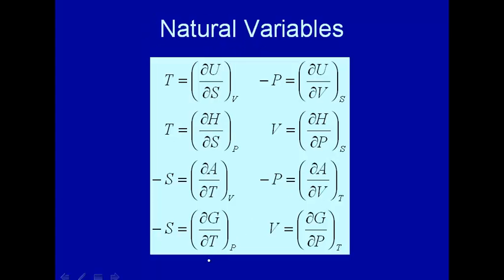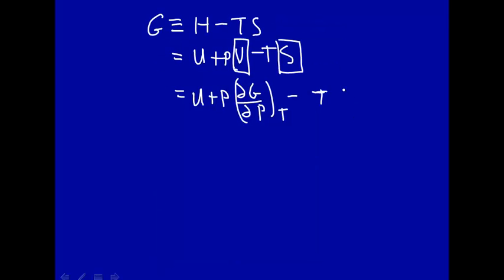The entropy is how G changes with T at constant P with a minus sign in there. So minus T times how G changes with T at constant pressure, times a minus 1. So all we did was substitute in for S.